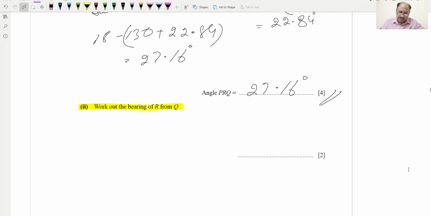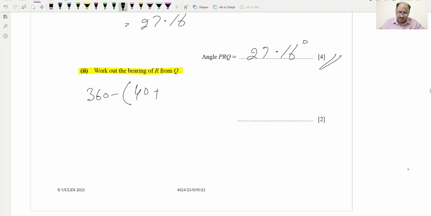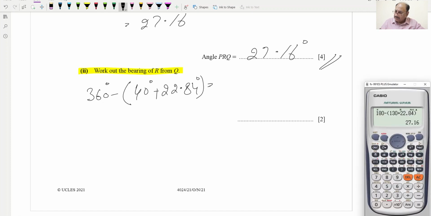So our answer will be 360 minus what, which two angles? One is 40 and the other one is 22.84. These angles we will be subtracting from 360.